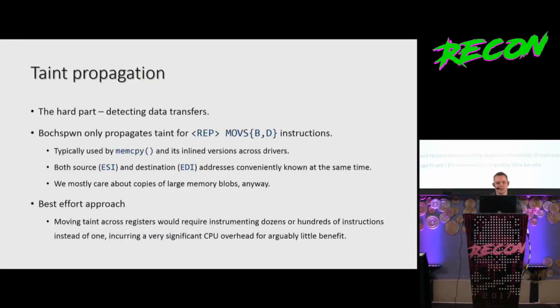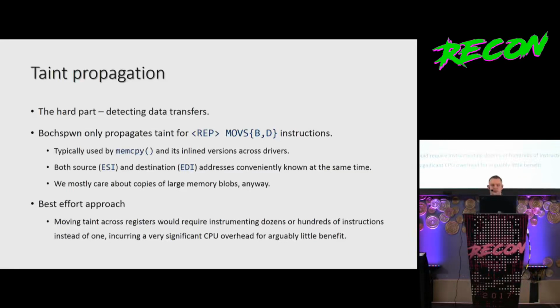What this gives us is that we have both the source and the destination address at the same time set in the ESI and EDI registers. So we can very conveniently move taint from one place to another. And this is actually good enough for us, because we mostly care about copies of large memory blobs.